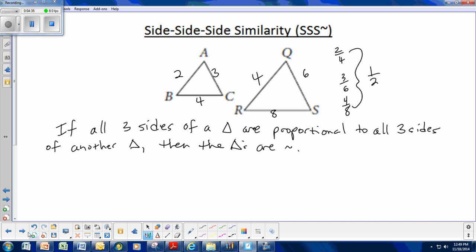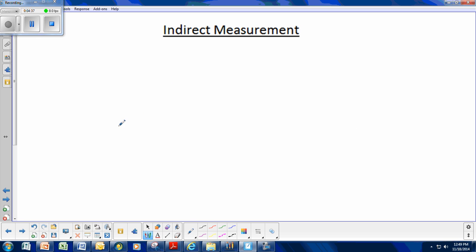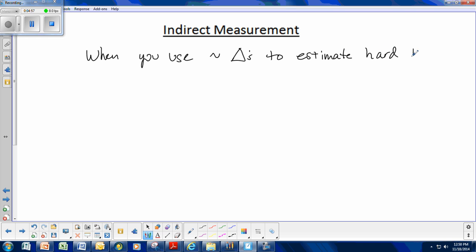Okay, let's try some examples. Well, before we do that, we have one more thing to talk about, and that's called indirect measurement. Indirect measurement is when you use similar triangles to estimate hard to measure distances.